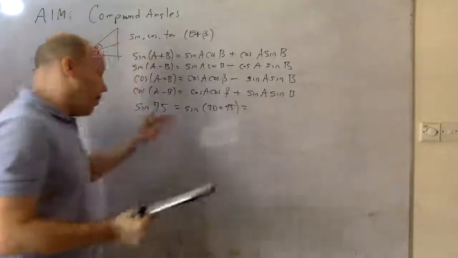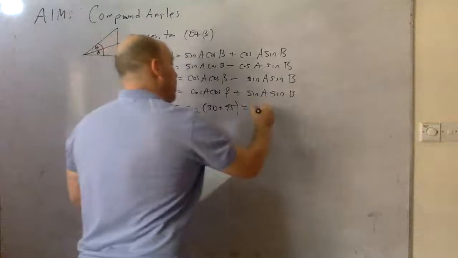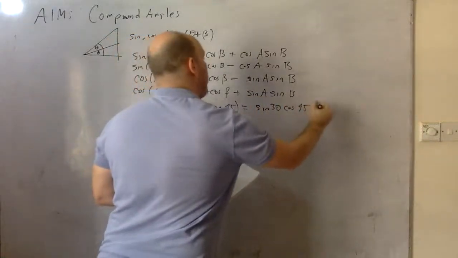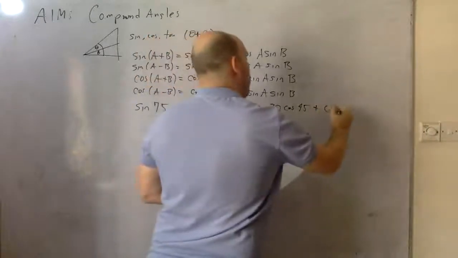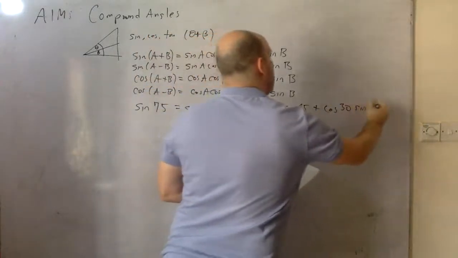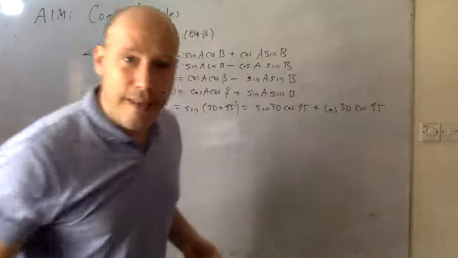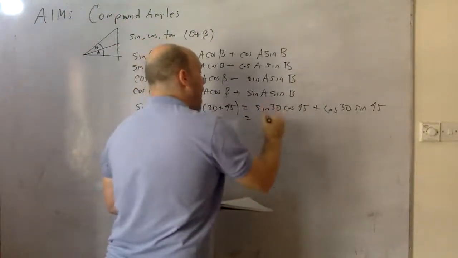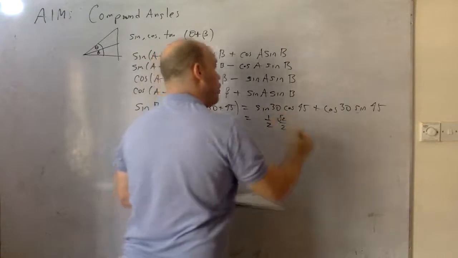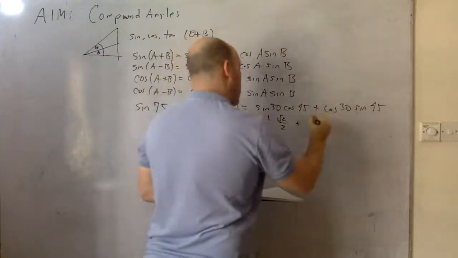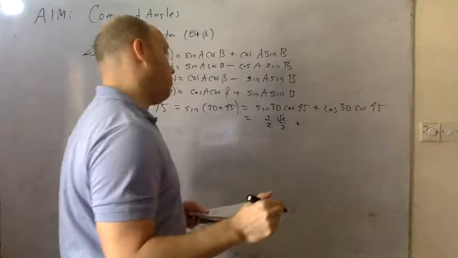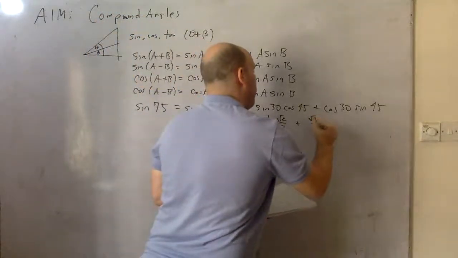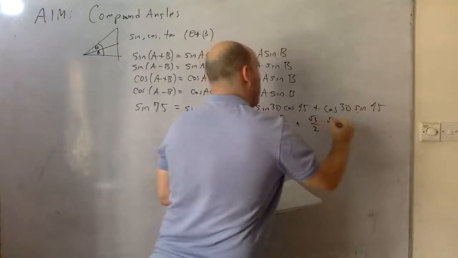And so we plug it in the formula: the sine of 30 with the cosine of 45 plus the cosine of 30, the sine of 45. Can you see that? And so we get 1/2 times radical 2 over 2 plus radical 3 over 2 times radical 2 over 2.